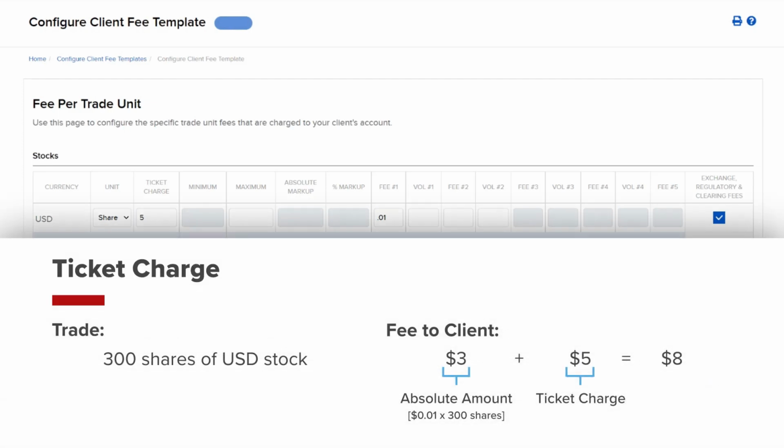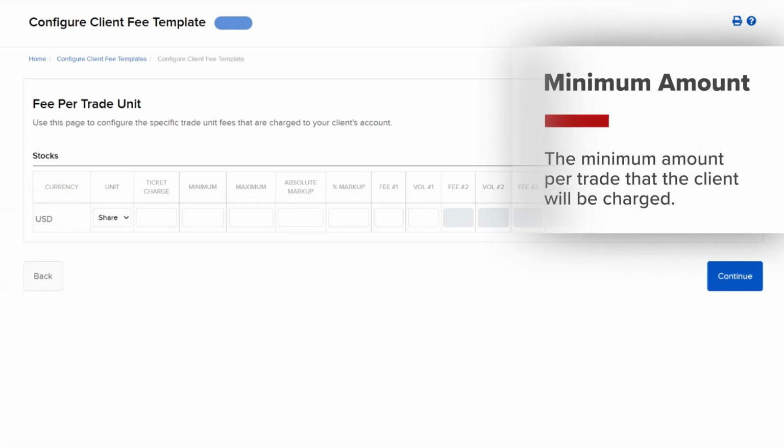If the client placed a trade for 300 shares, the client would be charged a total of $8. The absolute amount markup is calculated as 1 penny times 300 shares equals $3, which is added to the ticket charge of $5.